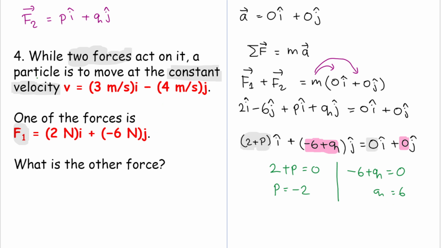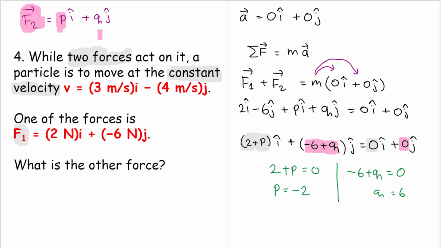And we can just plug it into this value here, F2, right? P is this and Q is this. So the other force is F2 equal to minus 2 in the i direction, and then plus 6 in the j direction.